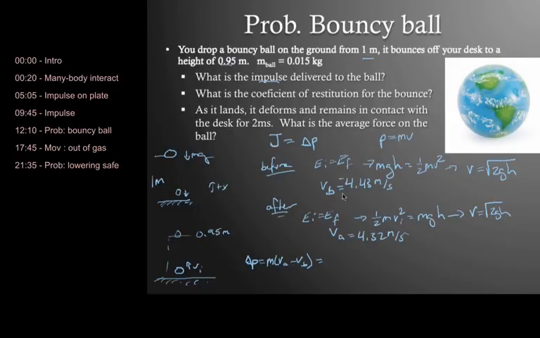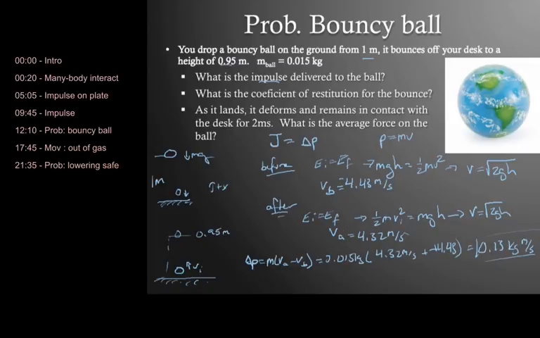So I actually need to think about that being a minus sign. So v after, so 0.015 kilograms times that 4.32 meters per second minus a negative 4.43. And what I'm going to end up with is 0.13 kilogram meters per second. That's my impulse.